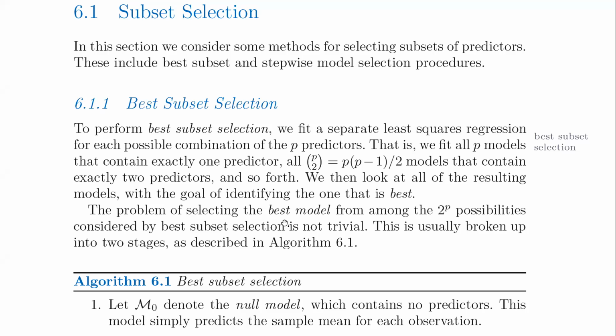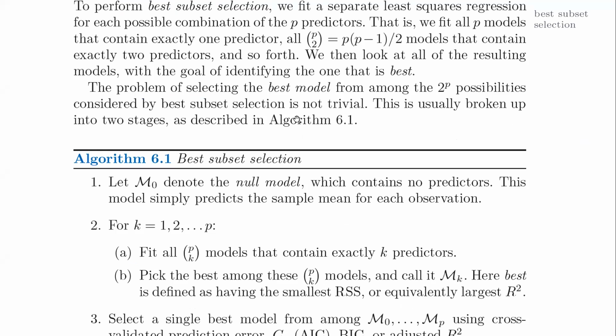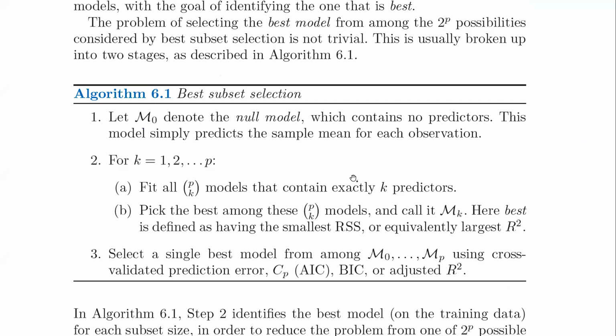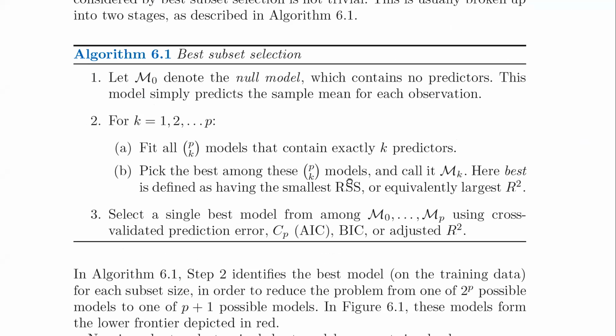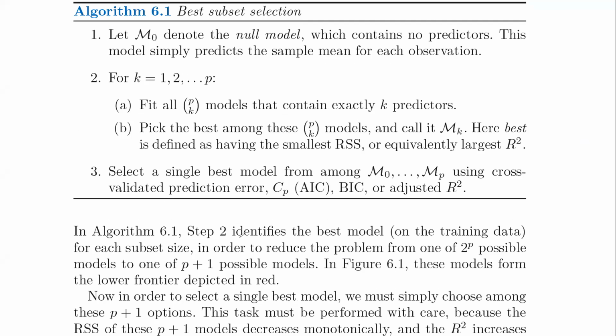The problem of selecting the best model from among the 2 to the power of p possibilities considered by best subset selection is not trivial. This is usually broken up into 2 stages, as described in algorithm 6.1. And we start with the empty set scenario.